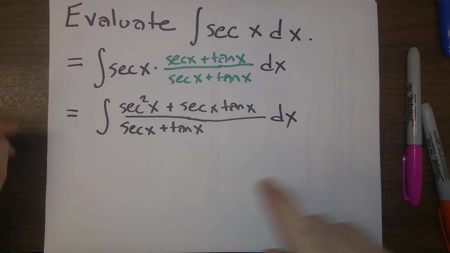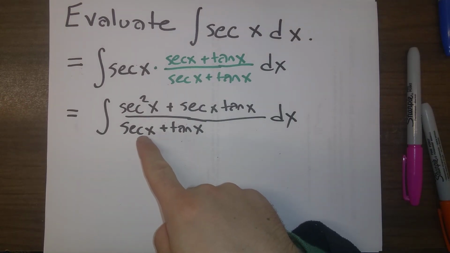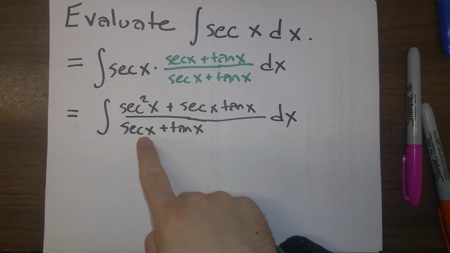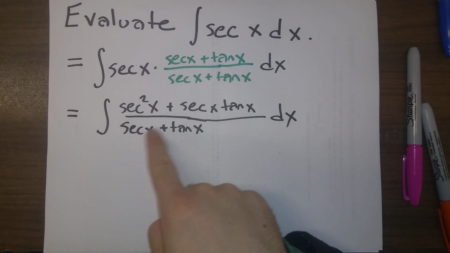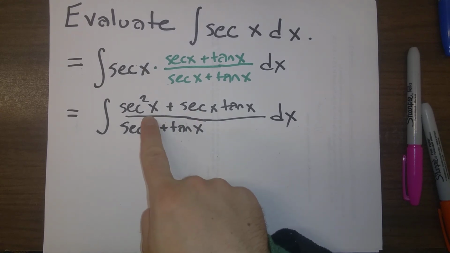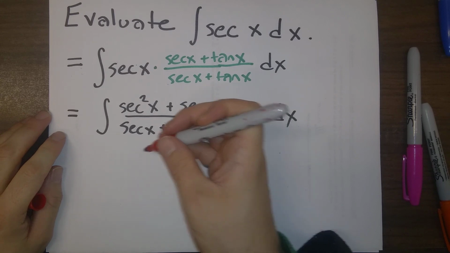The thing you want to notice is that the derivative of secant x is secant x tangent x, and the derivative of tangent x is secant squared x. So this is all tailor-made for applying substitution here.